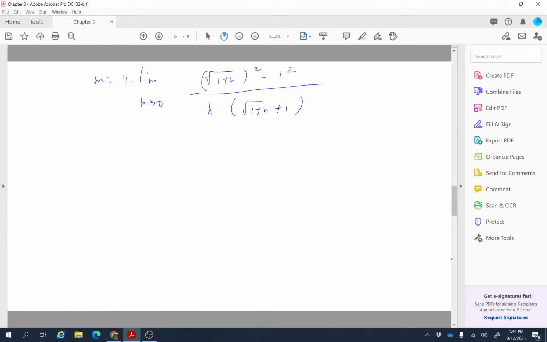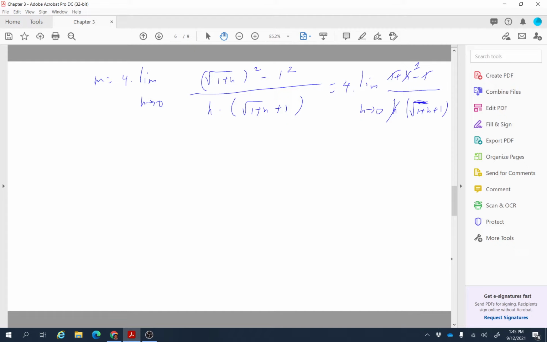Now if you simplify the top more, it would be 1 plus h minus 1, over h times the square root of 1 plus h plus 1. So you can cancel this one and this one. There is an h on the top and an h on the bottom, so you can cancel that, meaning you are dividing h by h. Eventually on the top there will be 1, and on the bottom there is h inside this radical sign.